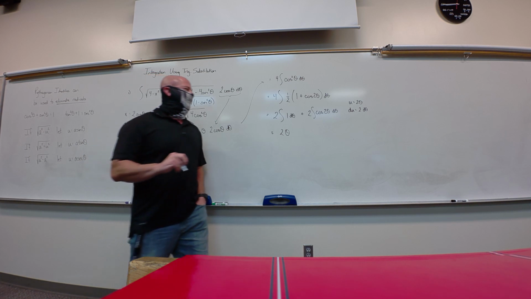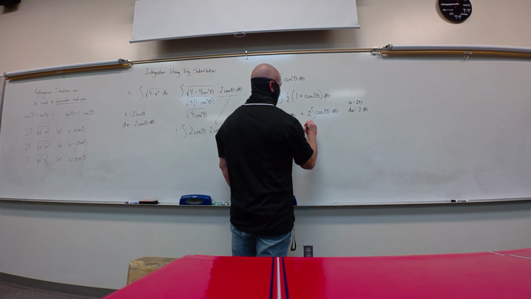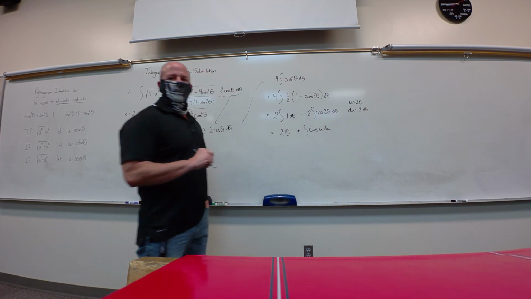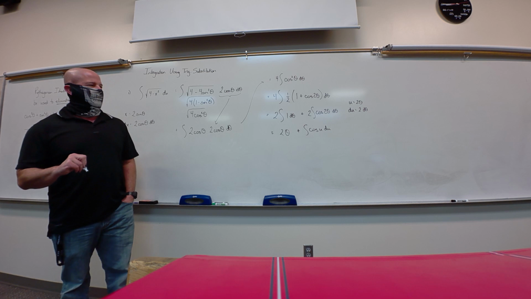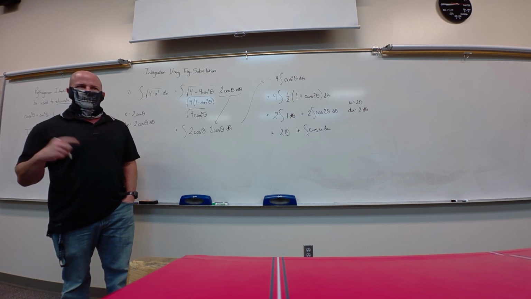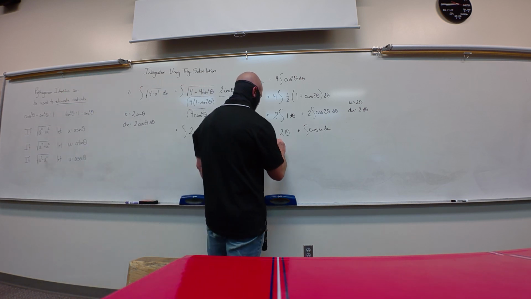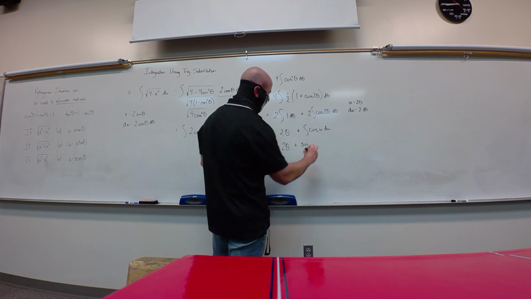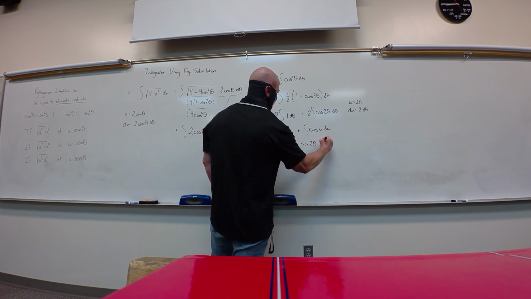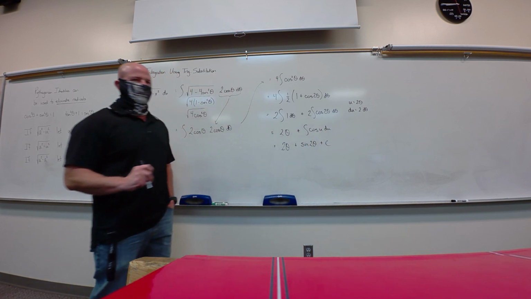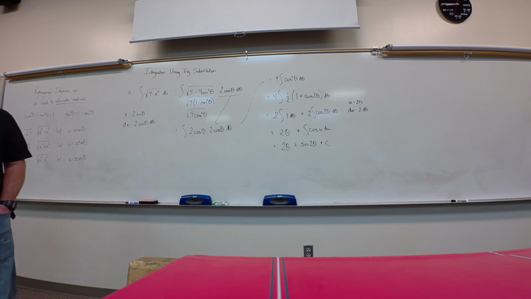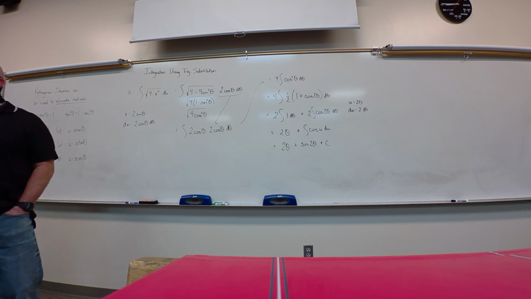So I can just go plus integral cosine u du. Integral of cosine is sine. So we're going to have 2 theta plus sine u, which would be sine 2 theta plus c. Okay so far? All right.